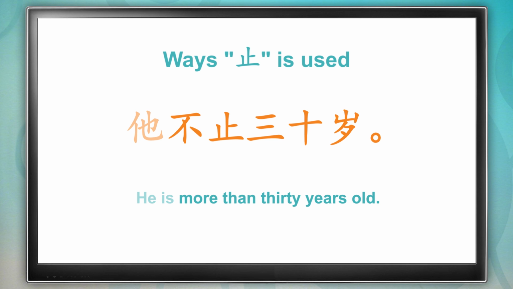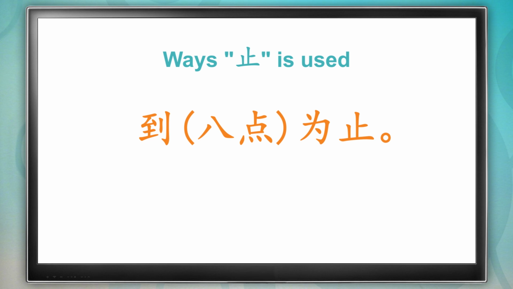Okay, let's look at one more example for 止. Read it with me. 到8点为止. The 到something 为止 structure means until. You can substitute in other times instead of 8点.